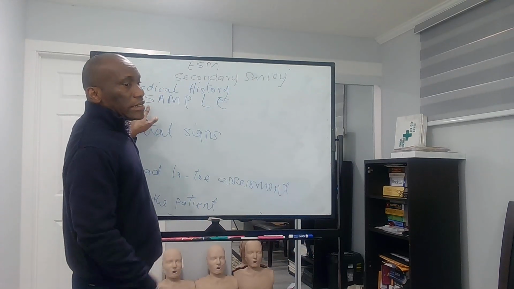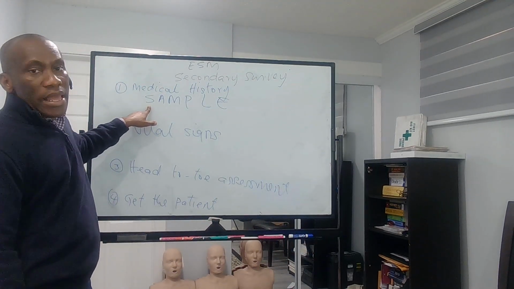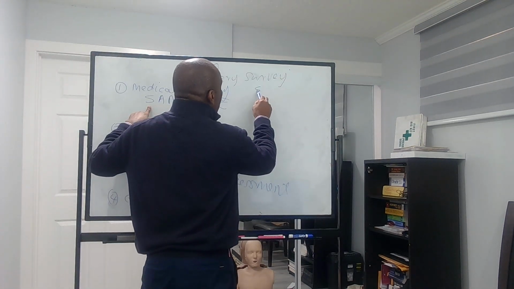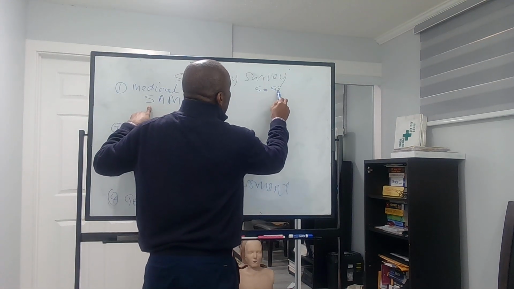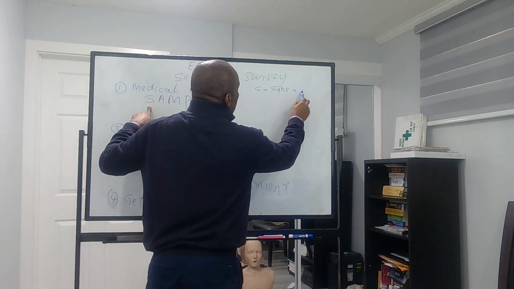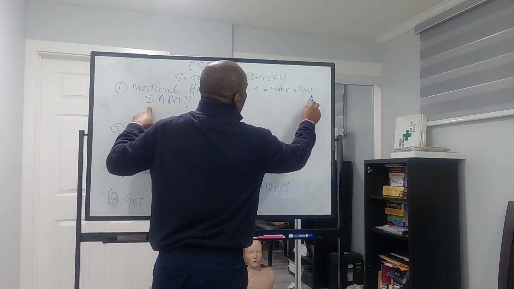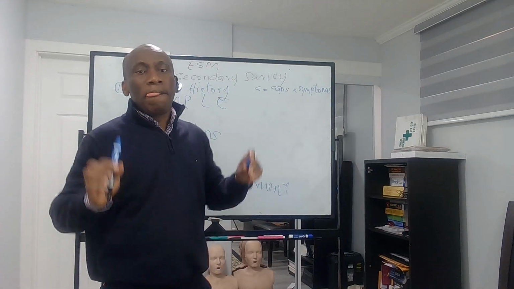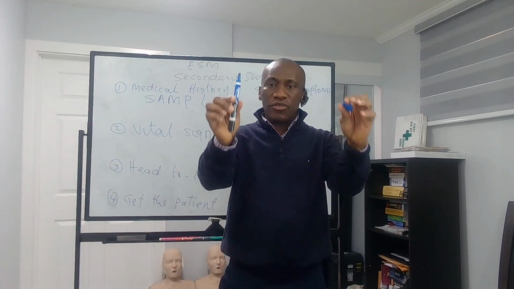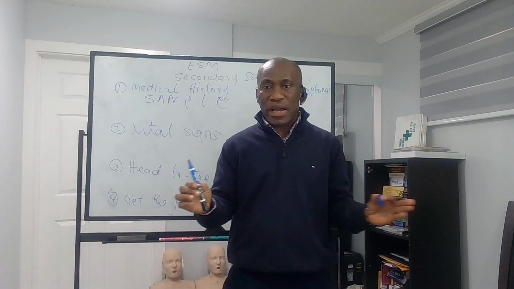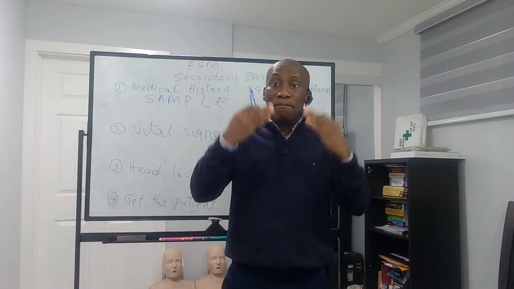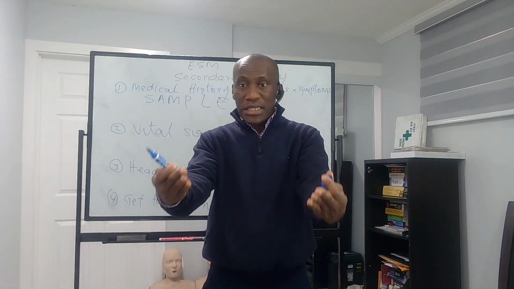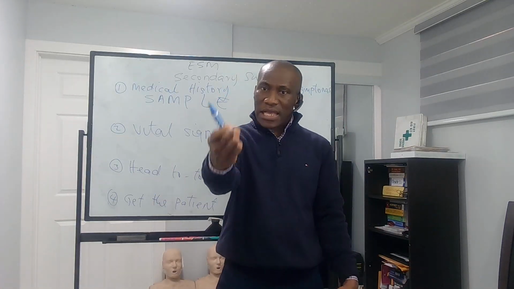S means signs and symptoms. Remember that signs are the things you see on your patient as a result of that emergency. The condition will have displayed messages on your patient and you can see it.